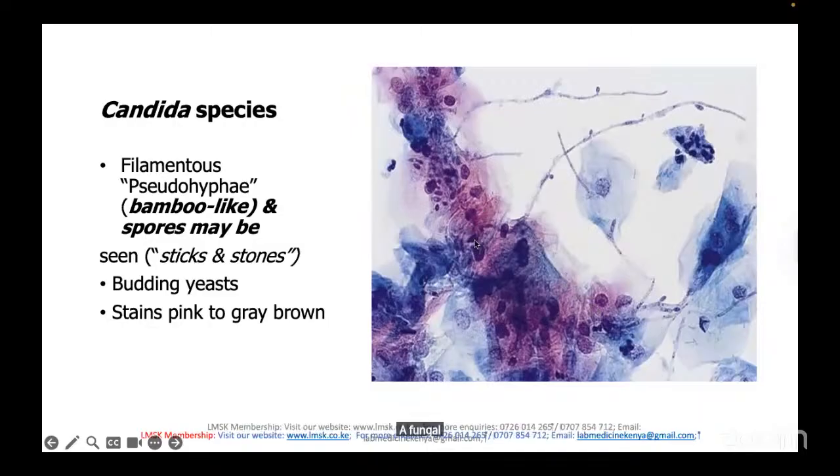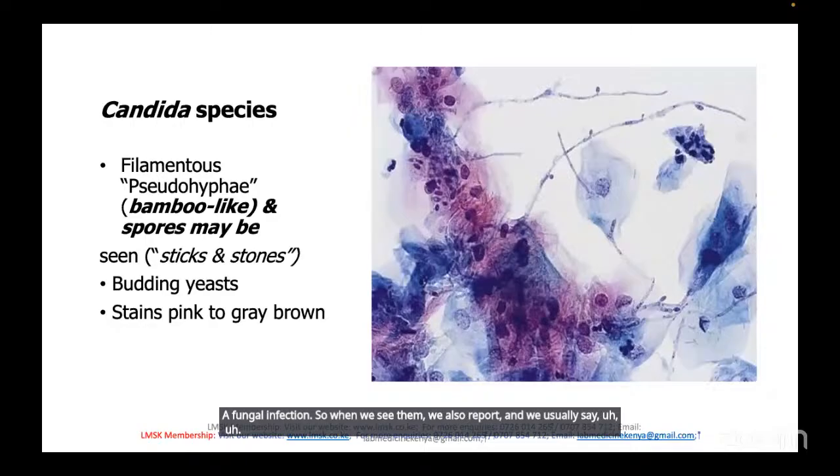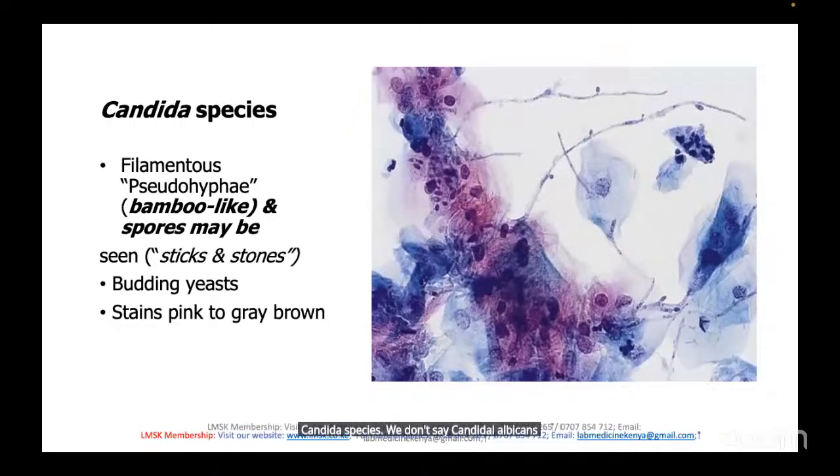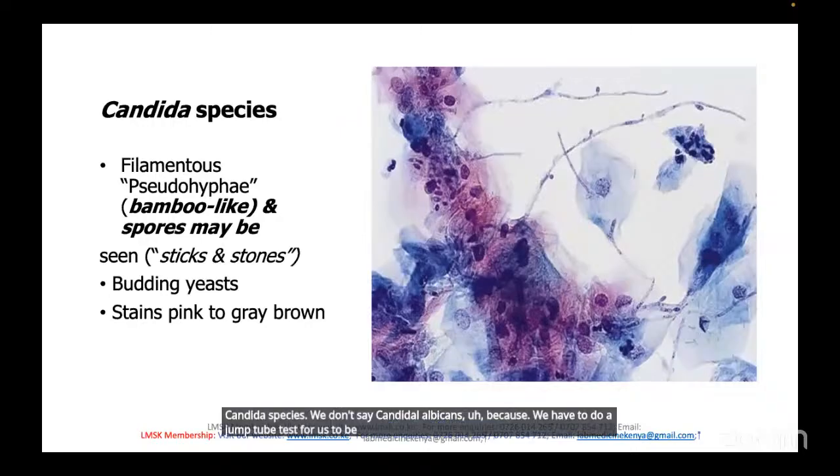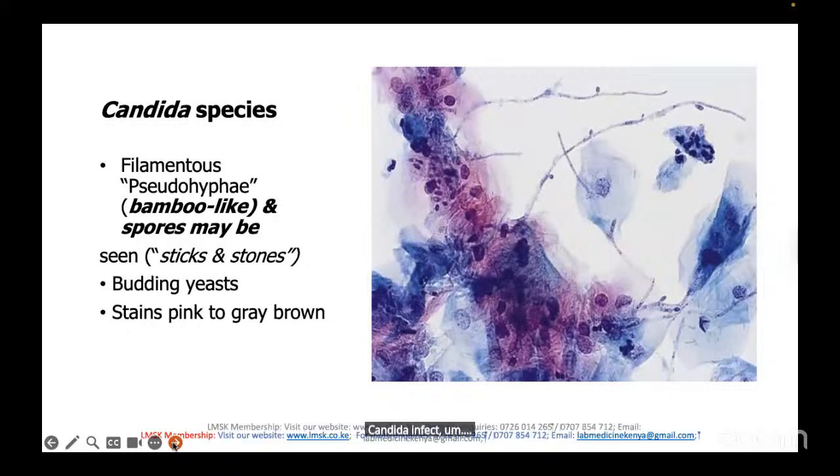So when we see them, we also report, and we usually say Candida species. We don't say Candida albicans because we have to do a germ tube test for us to be able to speciate Candida.